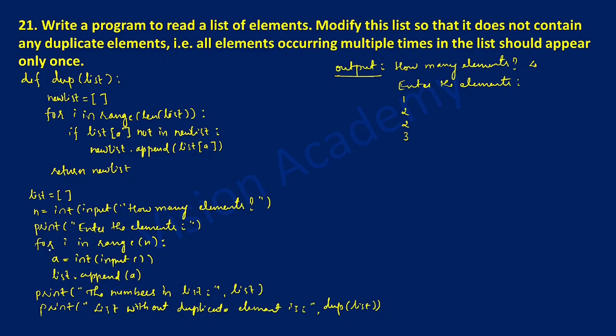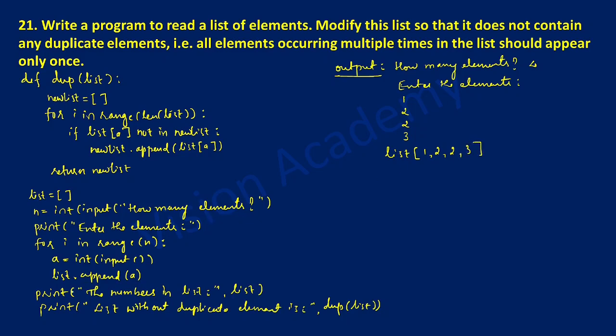Next, it is going to take input through this iterative statement one by one through this input statement, and it will get appended to the list which was empty earlier. Now list is holding these values 1, 2, 2, 3.